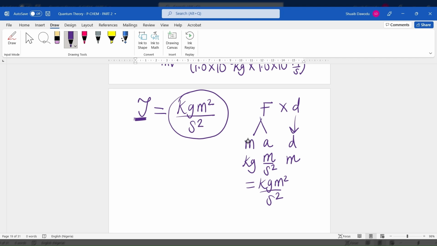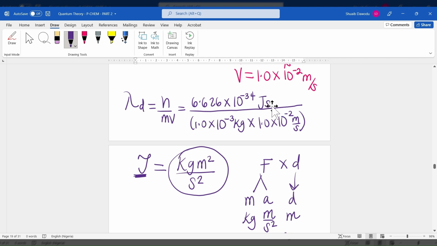Knowing this, we can substitute wherever joules is, not forgetting we have joule seconds. So we're going to substitute kilogram meter squared per second squared for joules.